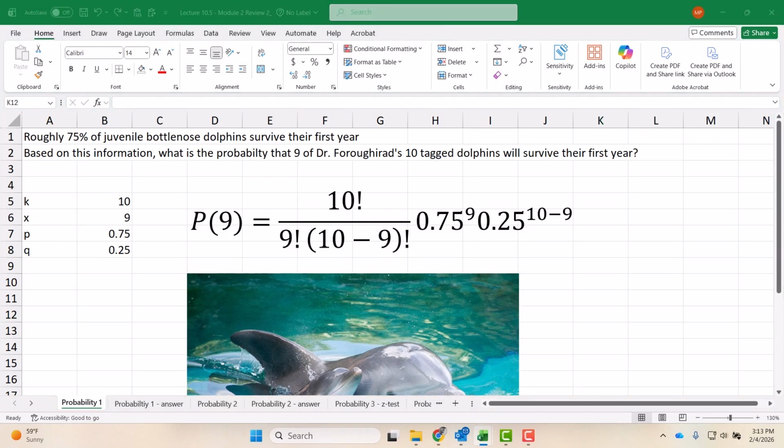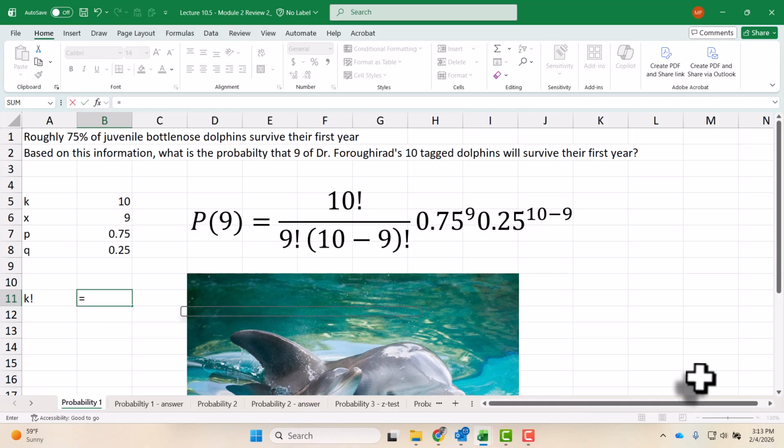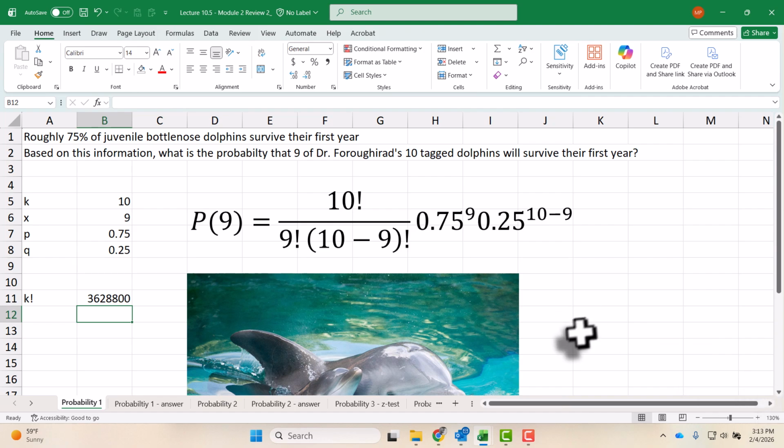We can make this easier on ourselves by breaking the formula up into smaller groups. So, first step in our numerator, we have the factorial of 10. For our denominator, we've got 2 different steps. We have the factorial of 9 and the factorial of 10 minus 9. So let's put both of those in here so we can keep track of what we're looking at.